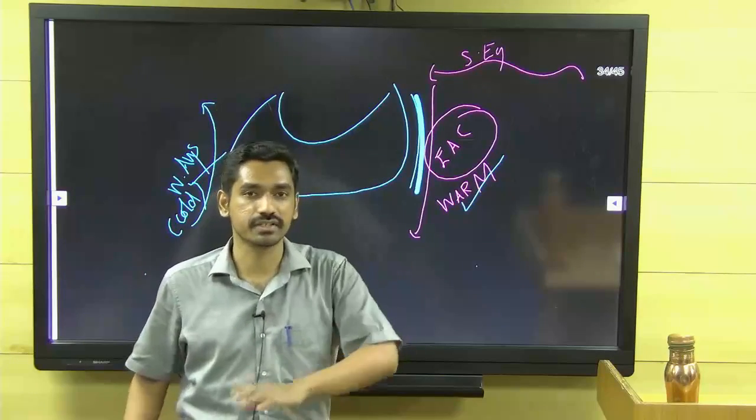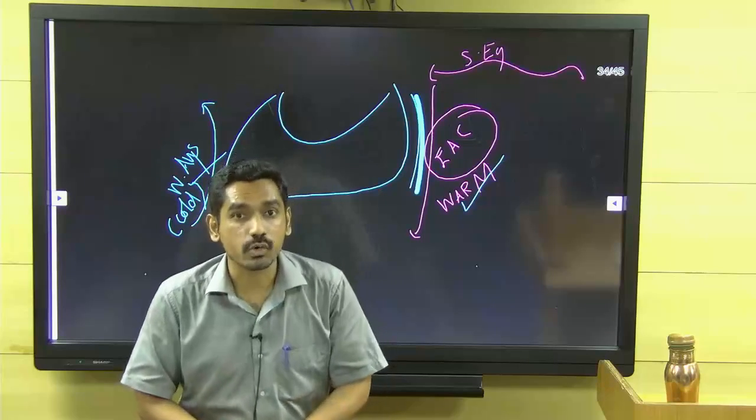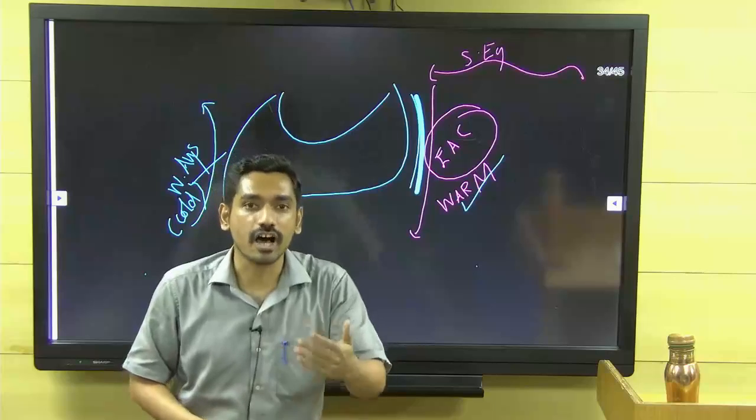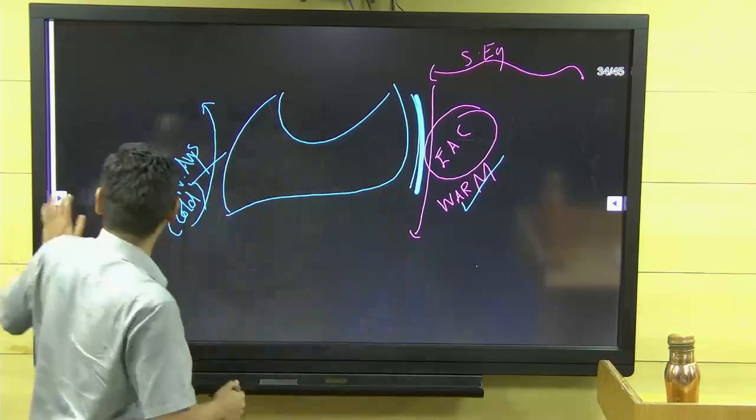Why exactly? Please understand, cold ocean currents or cold water can corrode calcium carbonate because in cold water there is more carbonic acid. Carbonic acid is very dangerous. I'll write the statement.